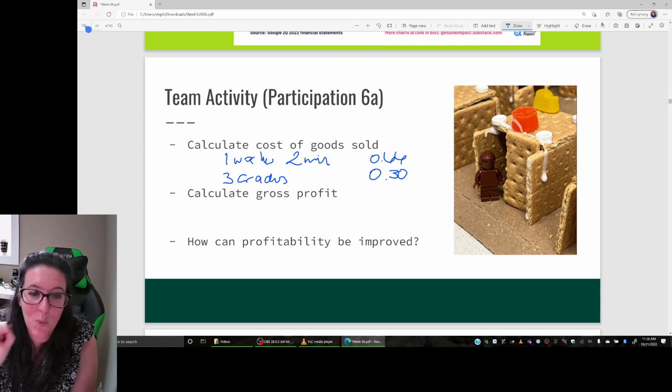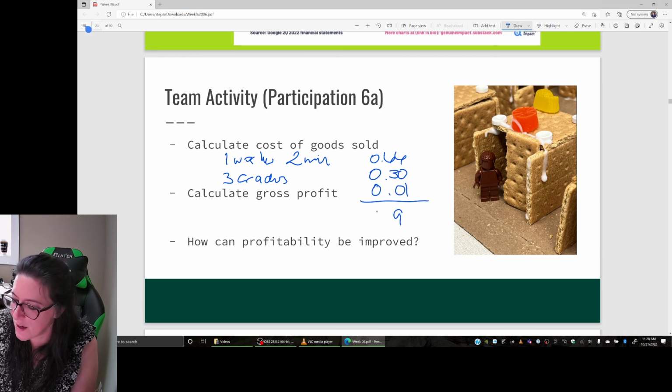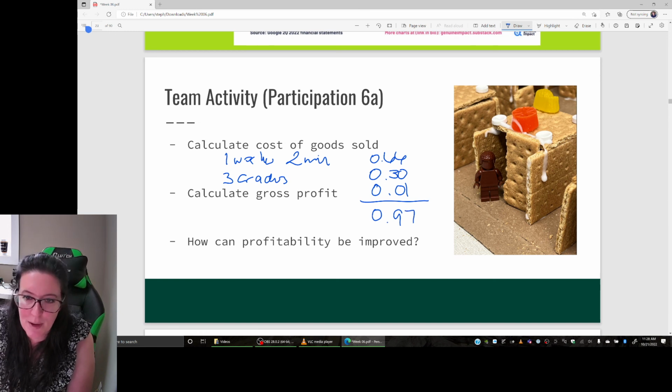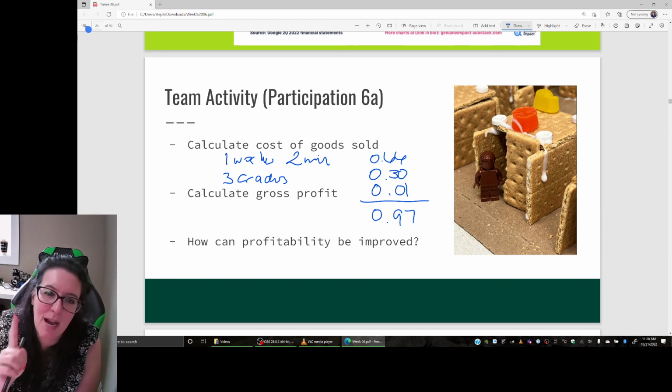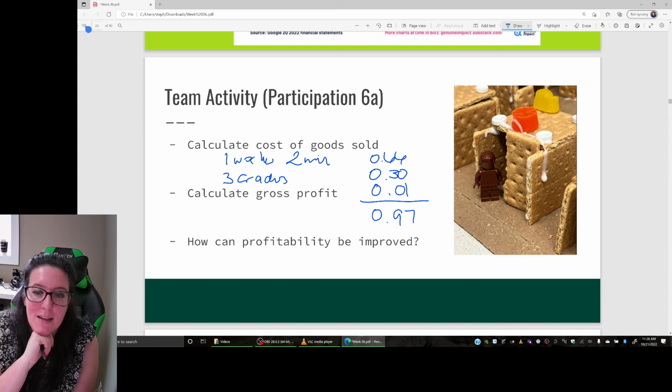And I had 1 gumdrop at a penny. So I had that cost here of 0.01. So my total cost here was 97 cents. So those are all costs tied to a particular gingerbread house. So my cost of goods sold for my one gingerbread house was 97 cents.